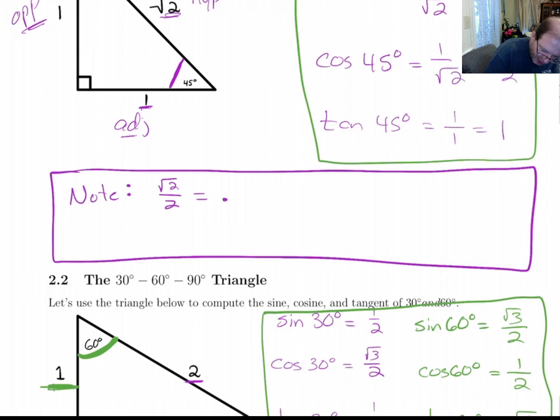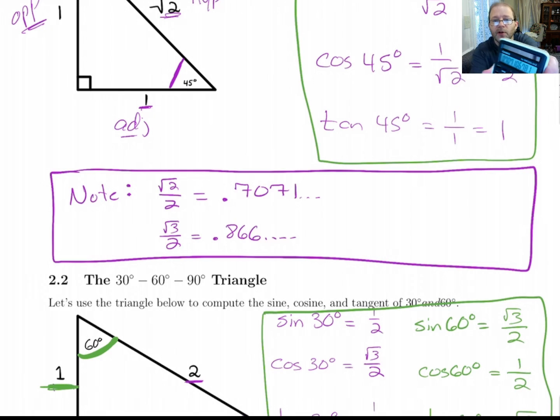If you put that in your calculator, it's going to give you 0.7071... And if you do square root of 3 over 2, that's going to give you 0.866 and then that keeps going. It's important to know those because they come up, and if you have a calculator and you put a number in and you get 0.7071, it would be good to recognize that that is root 2 over 2.